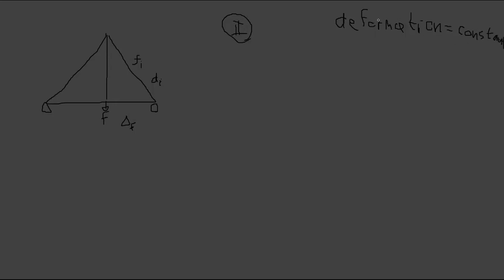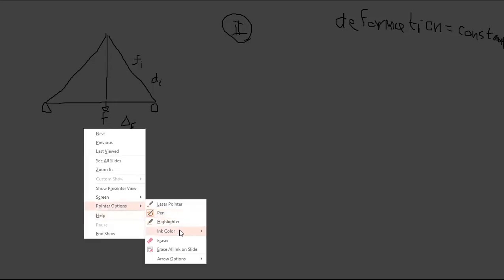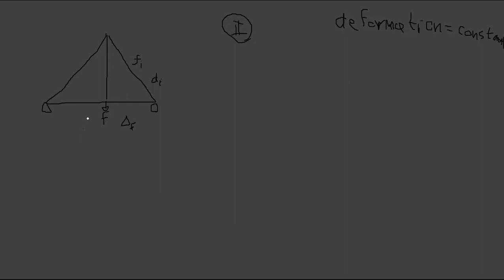That's not going to change. The deformation is not going to change. What we then add is we apply a delta force, delta F, in this way, keeping the deformation constant.